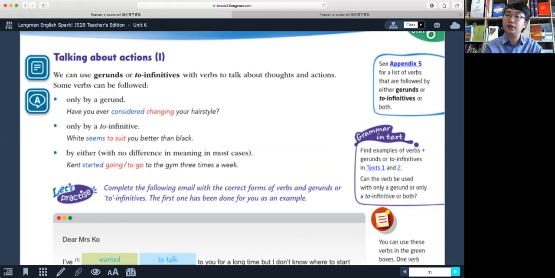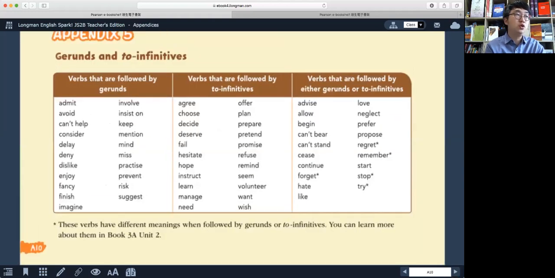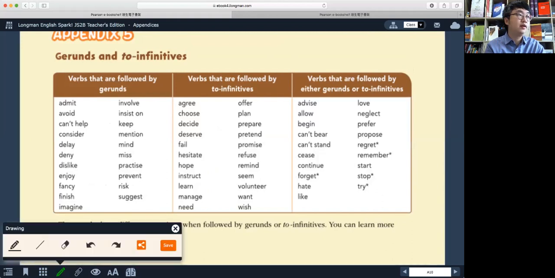After considered, if you look at the table on page A10, can you see the word consider here? Let me point it out for you. Consider. So it means that consider, this verb, must be followed by a gerund, verb plus ing.